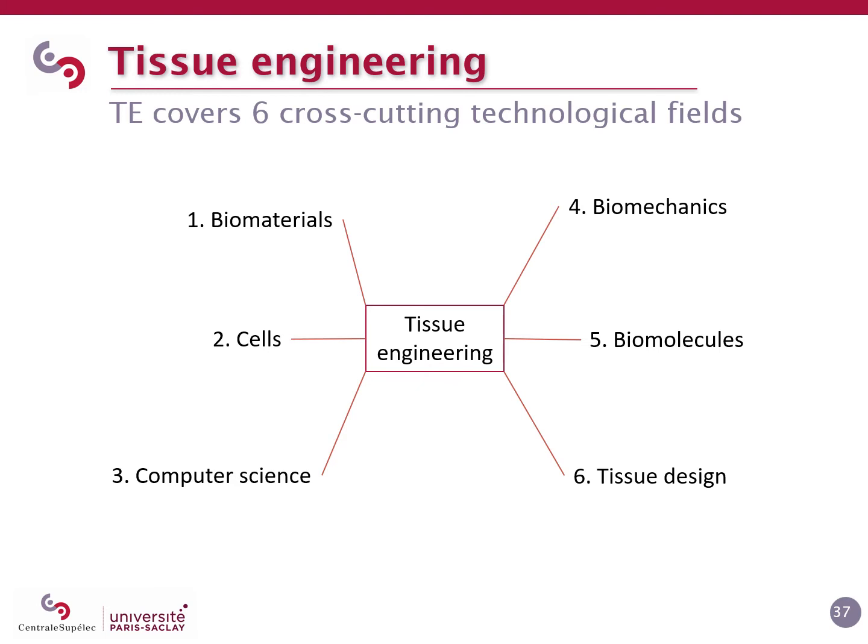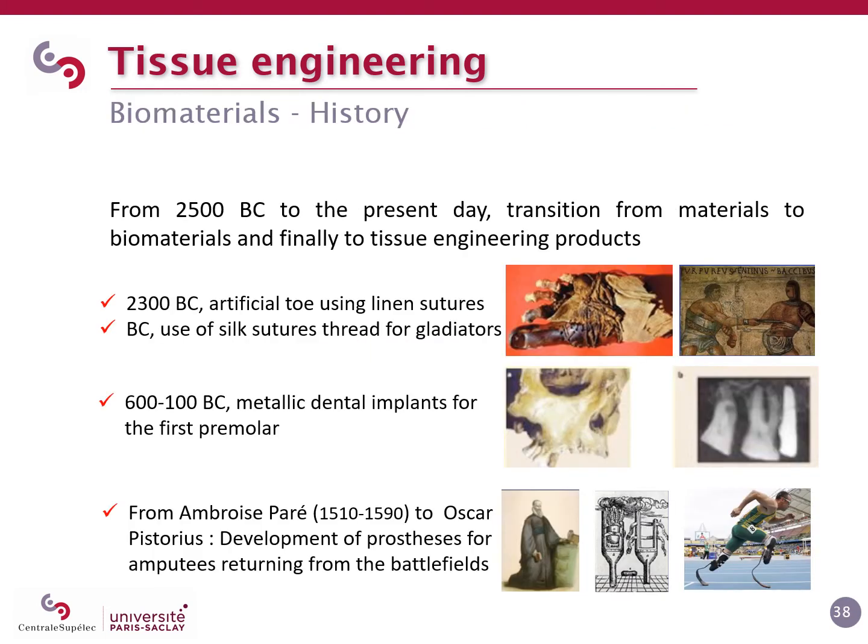Tissue engineering covers 6 cross-cutting technological fields: biomaterials, cells, computer science, biomechanics, biomolecules, and tissue design. A few words on each of these 6 different technological fields. Biomaterials is a very important field of tissue engineering.